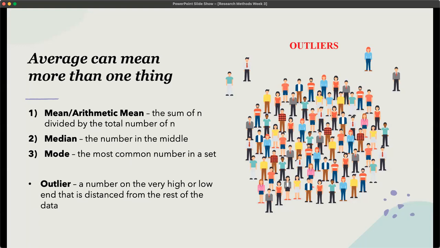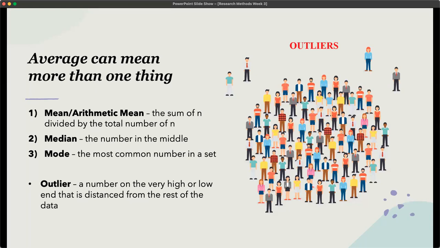Now, there's also such a thing as an outlier. And you can see that in this graphic here. We have a whole group of participants together. But then we've got 4 people that are not really part of this group, and these are outliers. So these are participants that do something very odd, in that it may be extremely high or extremely low compared to the rest of the other participants.